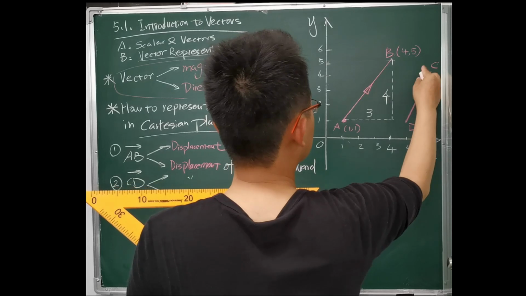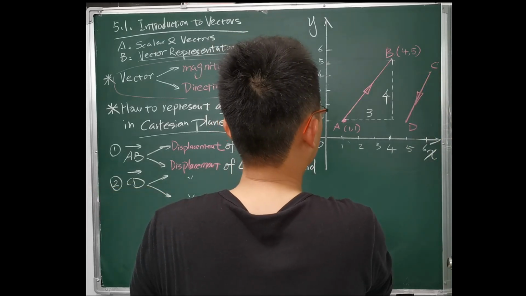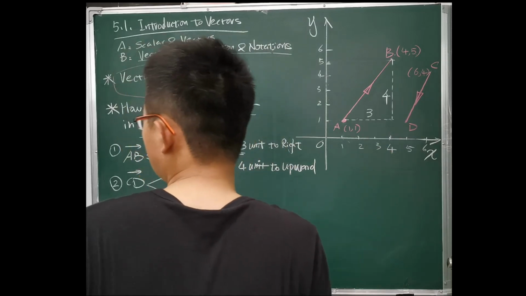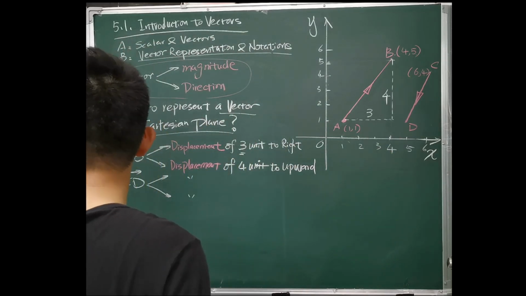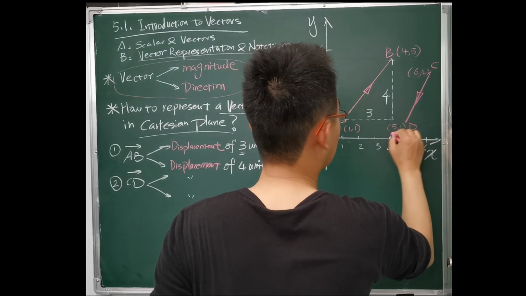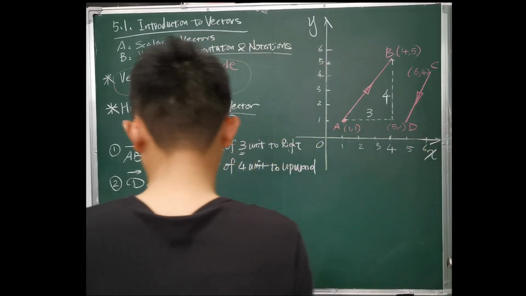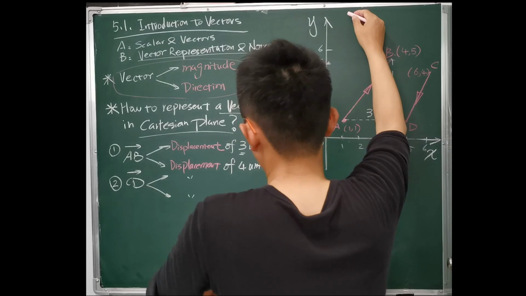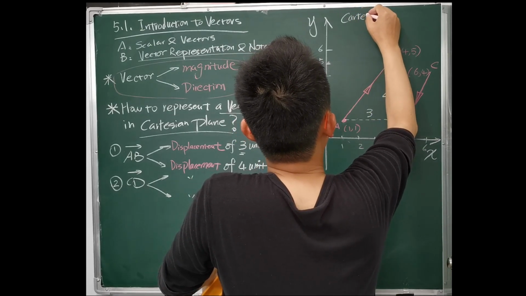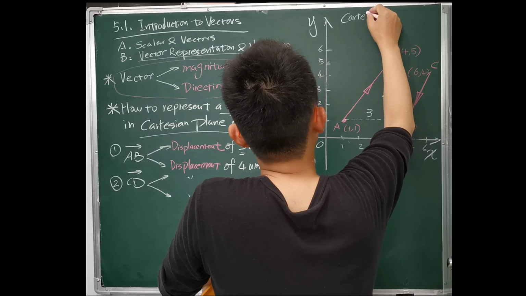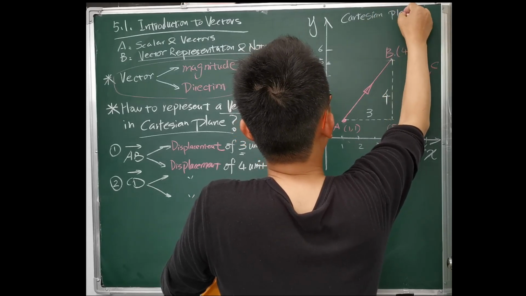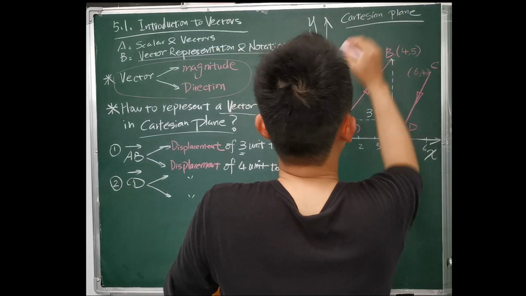So assume this is 6, 4 for C, and then 5, 1, in what we call the rotation plane.